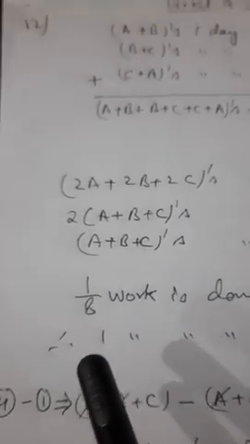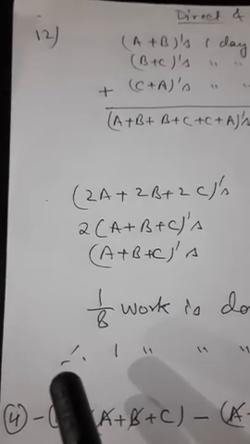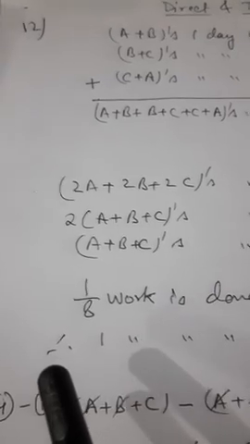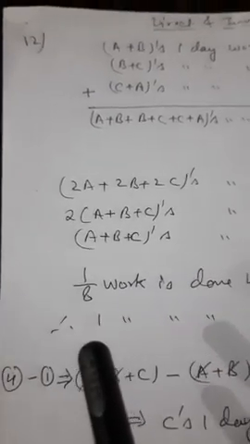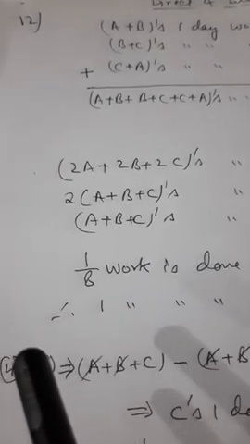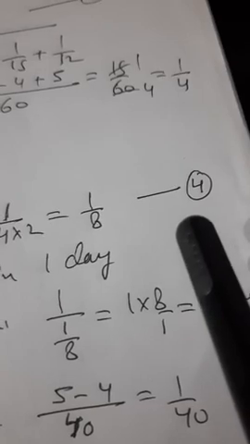Now question is also asking you to find how much time they take to complete the work individually. That means A, B and C individually how much time they take to complete the whole work. Now for this we can mark this equation where we found A plus B plus C's 1 day work equal to 1 upon 8 as equation number 4.